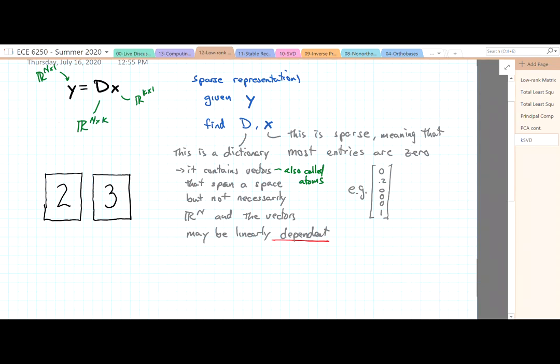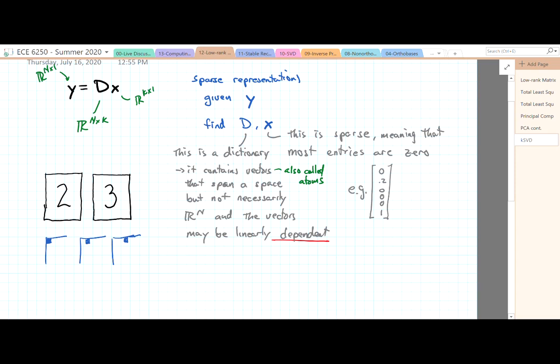Well, first off, it probably wouldn't make sense to have dictionary elements that were just nice, orthogonal, every dictionary element lit up a different pixel.